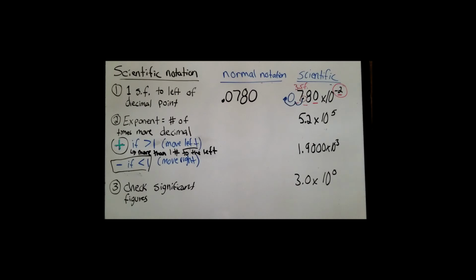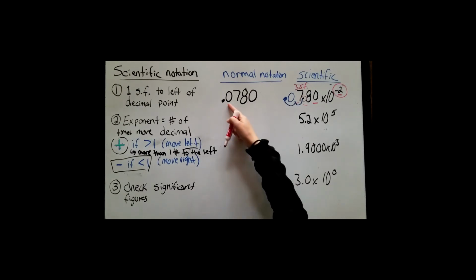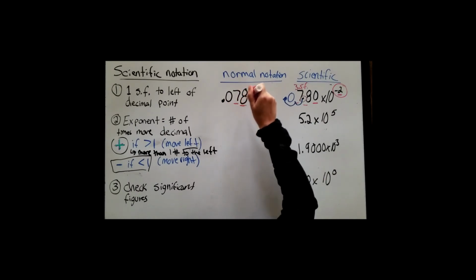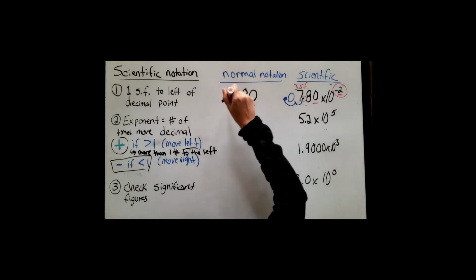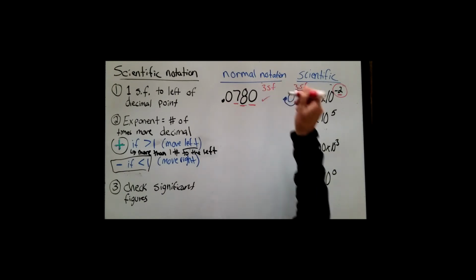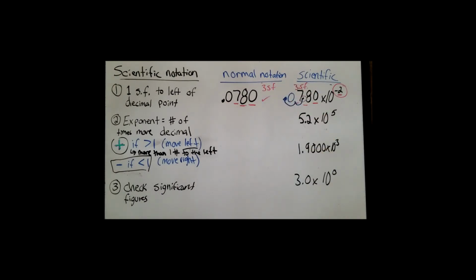So to check my significant figures, does this 0 count? No. Why? There's a decimal point there. You'd think it should. But it can't count because I haven't started counting yet. I start counting at the 7. The 8 matters, and then the 0 after the 7 and 8 does count because there's a decimal and I already started counting. So I still have 3 sig figs, so that checks out. That's my correct answer.